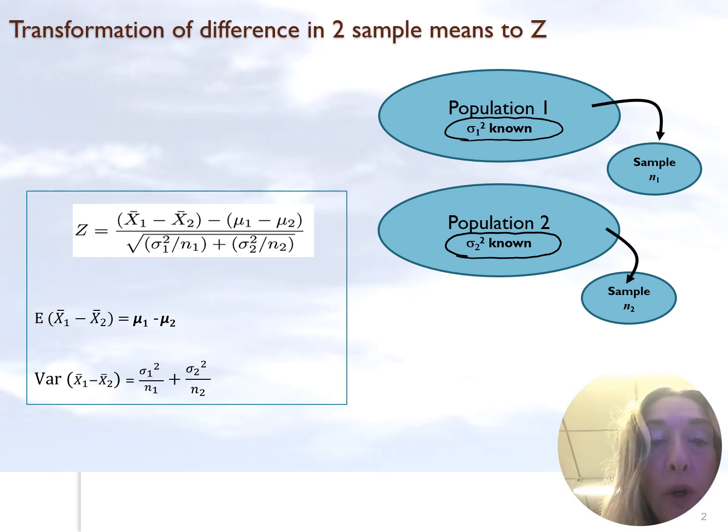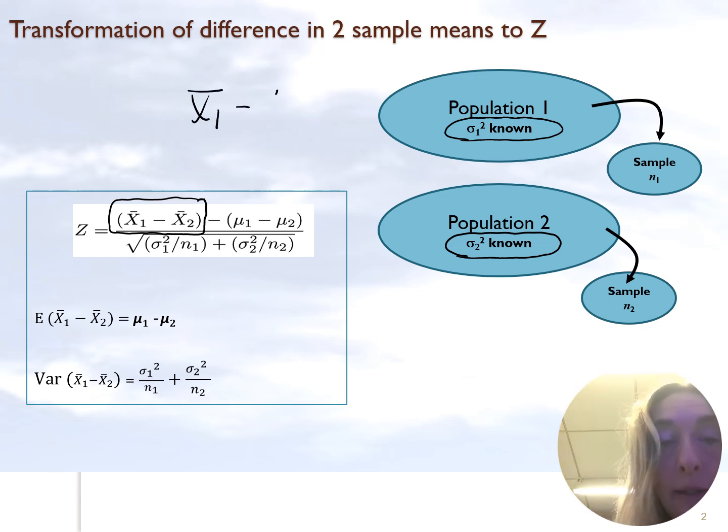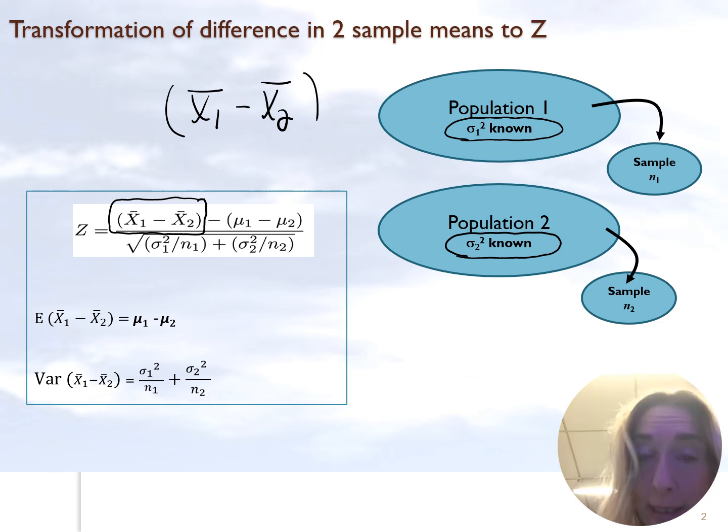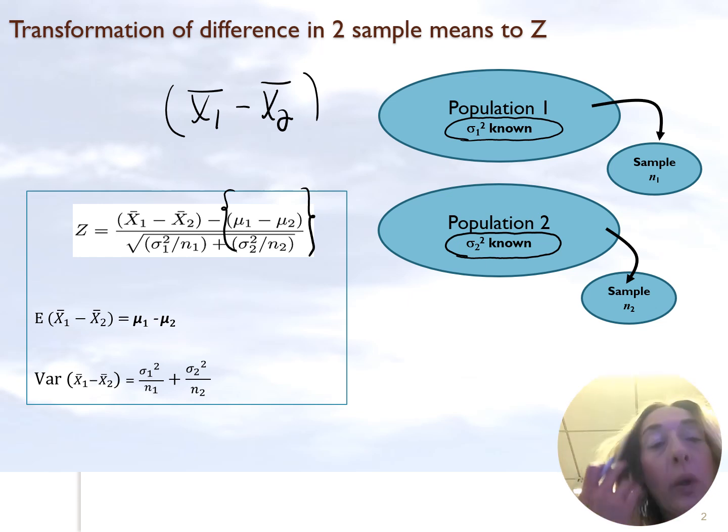In order to transform the difference in the two sample averages, x1 bar minus x2 bar, to a z random variable, we are going to proceed like we always do. We are going to subtract off the mean of this difference, or the expected value of the difference, which we remember from our sampling distribution theory. The expected value, or the mean of the difference in the sample means, is simply mu1 minus mu2.